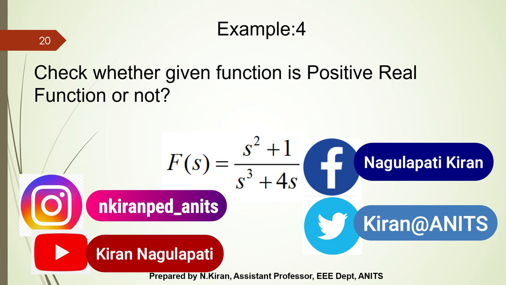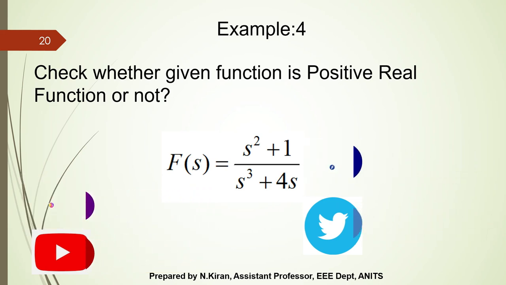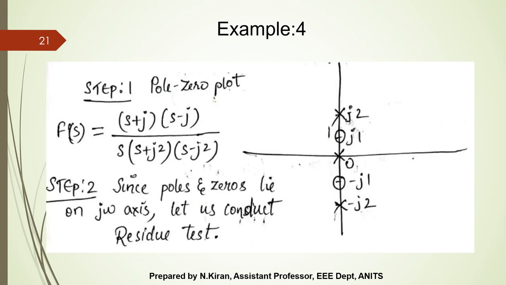The fourth example, s square plus 1 by s cube plus 4s. So for the numerator, when I find the roots of the polynomial, it will give me plus or minus j1, isn't it? For the denominator, when I find the roots, they are 0 and plus or minus j2.